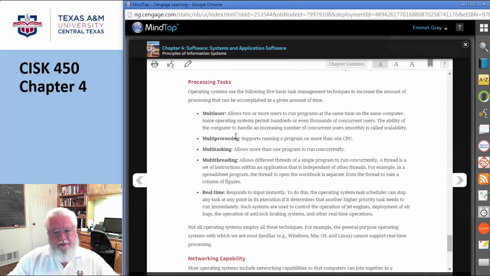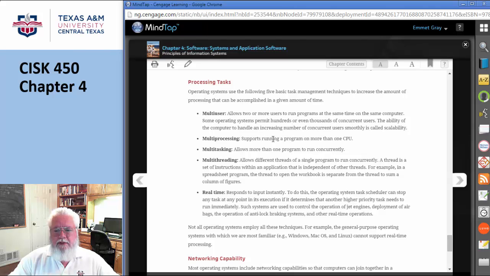Tasks. These terms are actually kind of sort of important, and again, it's from the salesman point of view. So multi-user basically means allows two or more people to run programs at the same time on the same computer. Okay. You could have a server, and it could be that you've got 100 people running on there.